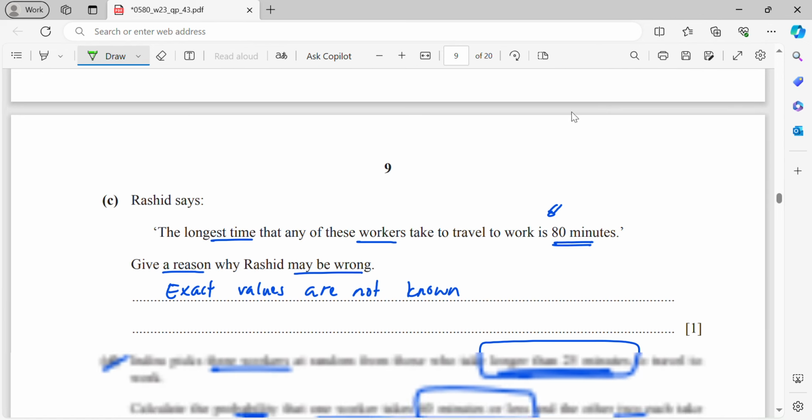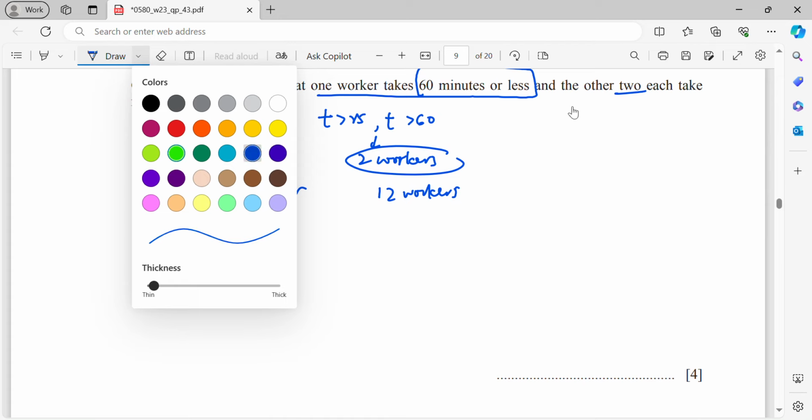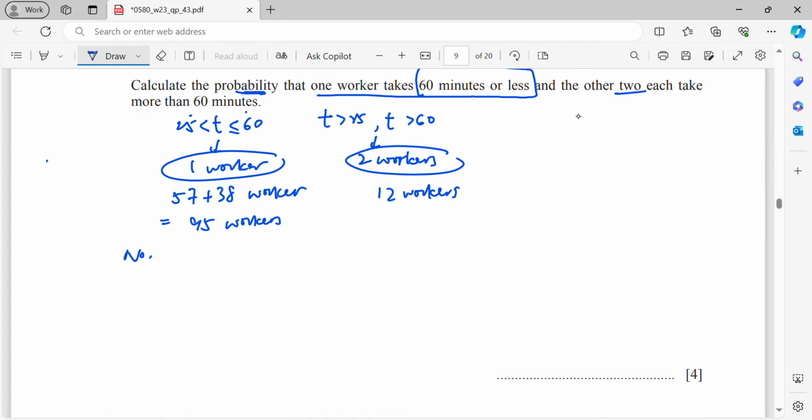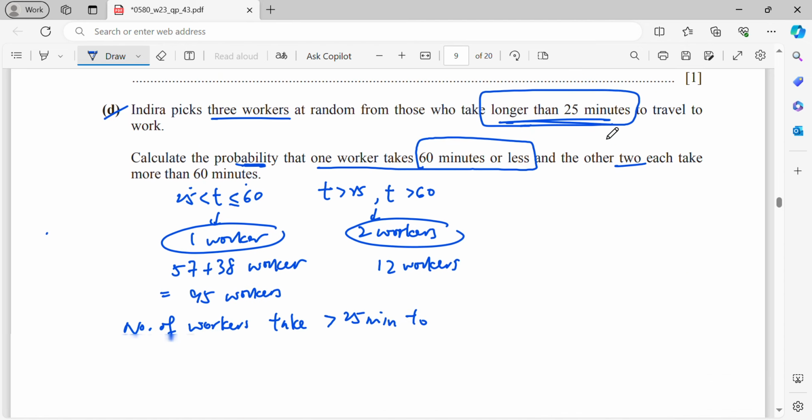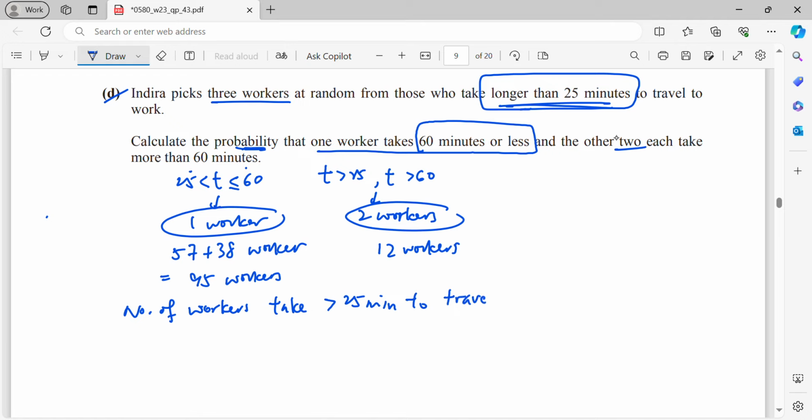So I will write the number of workers who take greater than 25 minutes to travel to work. It is 57 plus 38 plus 12. So that means the total workers here is 107. Okay, now you need to calculate this probability.